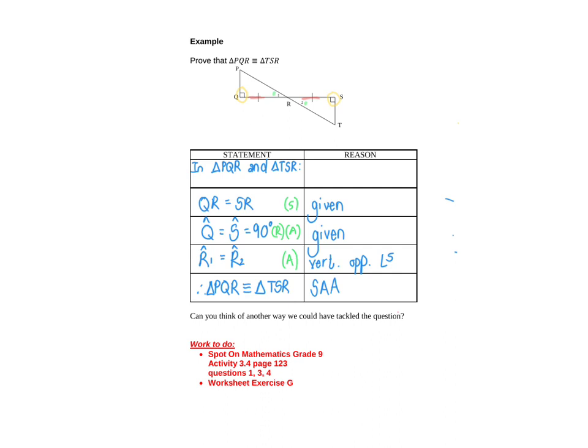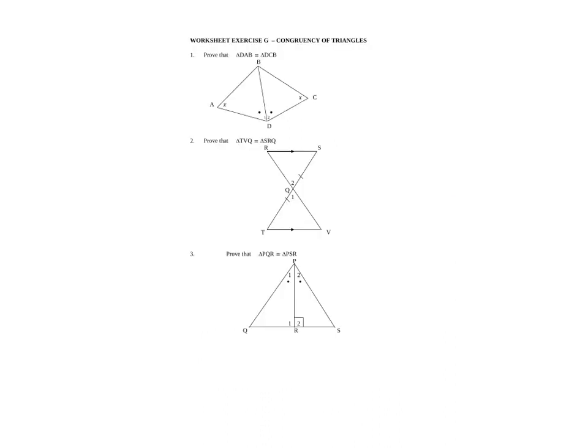If you have any questions, you're more than welcome to ask me. And once again, please refer to the document I sent with the planner as to which specific questions you must do from these activities. So here's worksheet exercise G. You can pause and have a look at it.